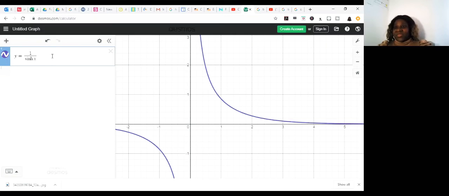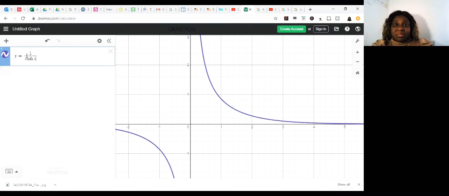So it has an asymptote at x is equal to 0, and that's it really. It's halfway in between y is equal to sinh x. So yeah, that's it for that one.